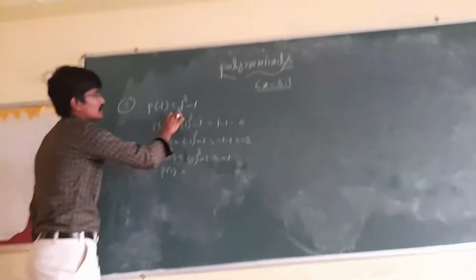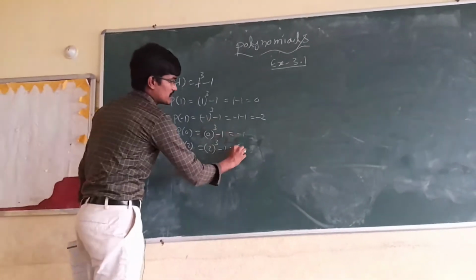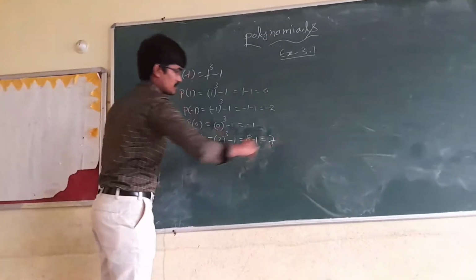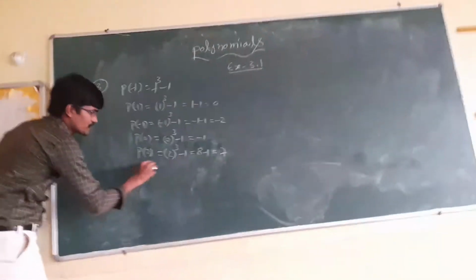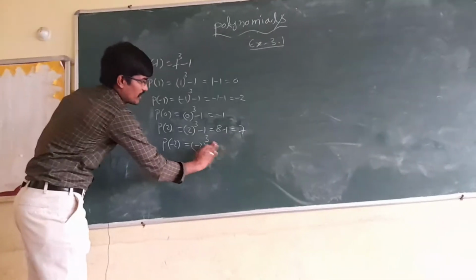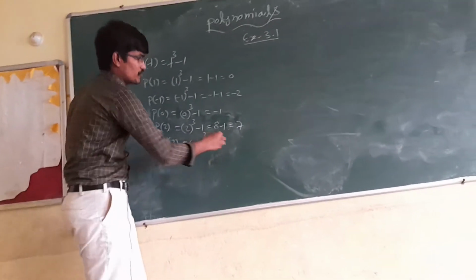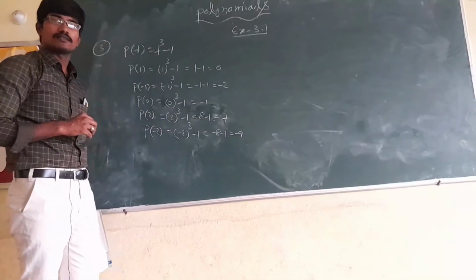P of 2 means in the t place you have to put the value 2. 2 cube minus 1. 2 cube means 8. 8 minus 1. Answer is 7. Next, P of minus 2 they are asking. Minus 2 whole cube minus 1. Minus 2 whole cube means minus 8, minus 1. The answer is minus 9.